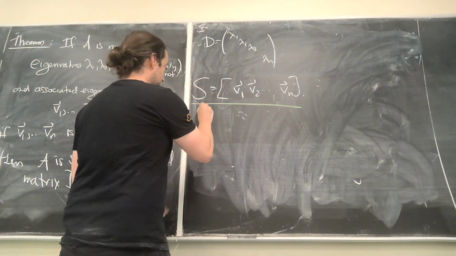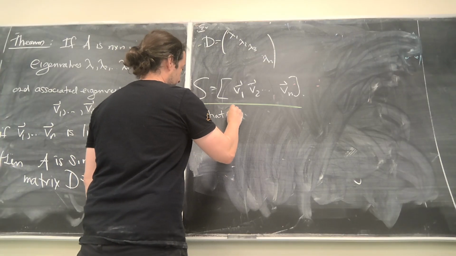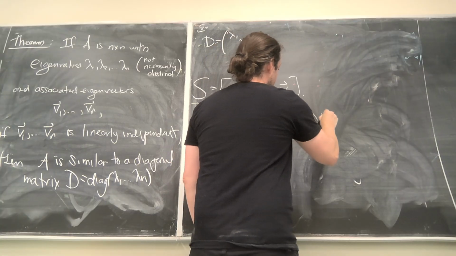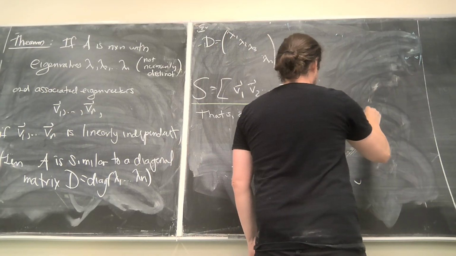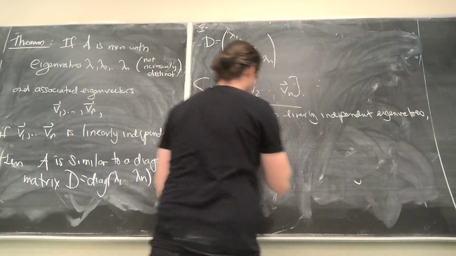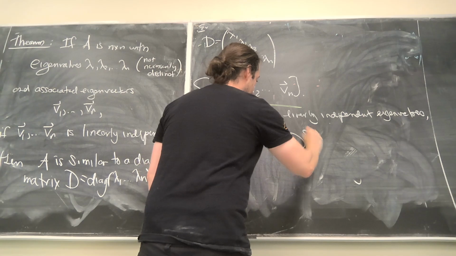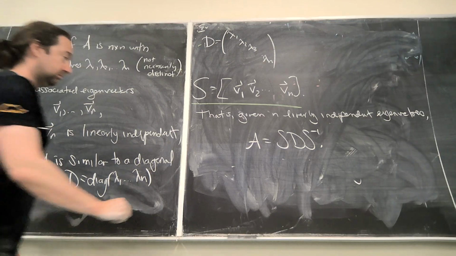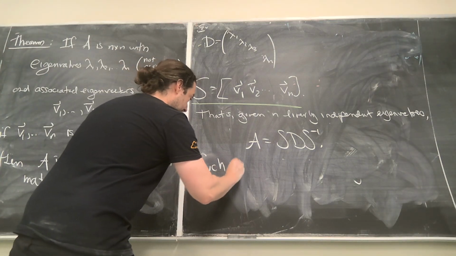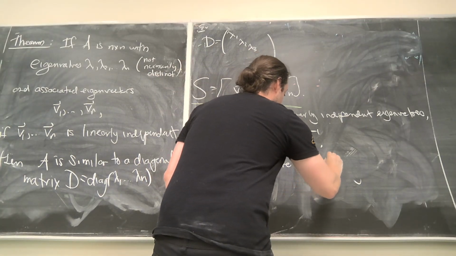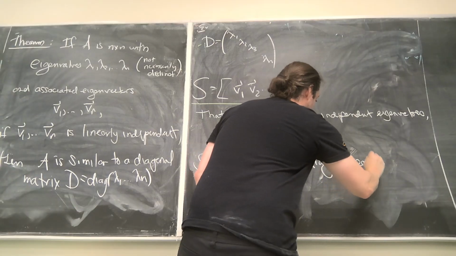That is, given n linearly independent eigenvectors, A can be written as S, D, S inverse. If that's possible, we call A diagonalizable. Such matrices are diagonalizable.